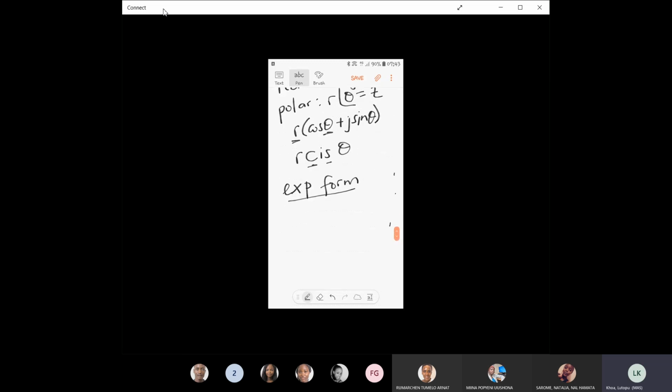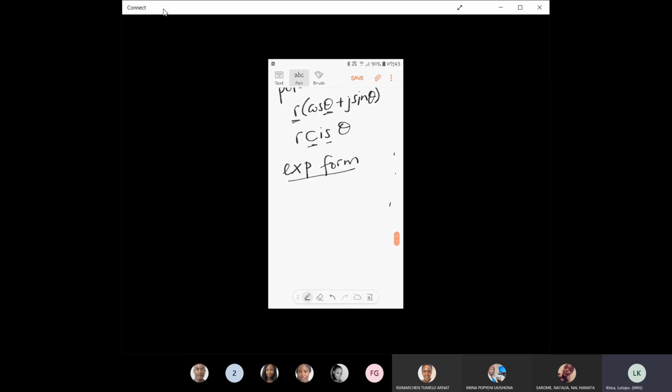Now, if you have a purely imaginary complex number, you say z is equal to, let's see, bj. Okay, so here z is purely imaginary. It does not have a real part.